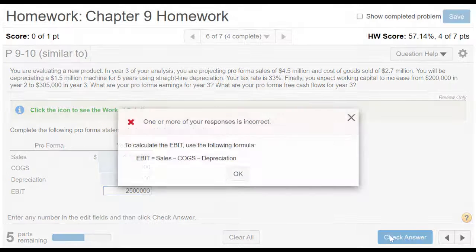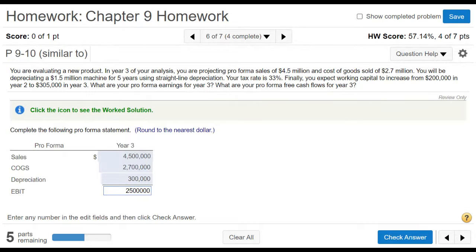Okay, so what's the answer here? All right. What's the answer? Anybody? Uh, 1.8 million. Anybody else? 6 million 9? 609? 6,900,000?